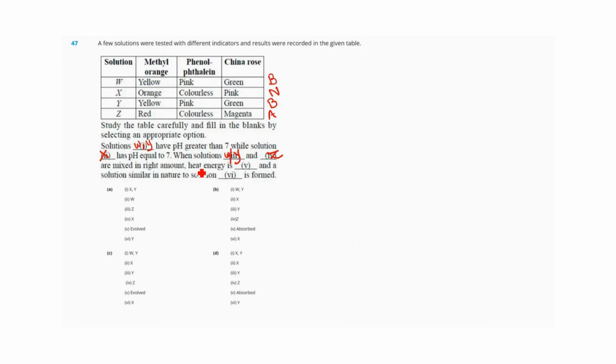And mixed in the right amount, heat energy is always evolved, and a solution similar in nature to solution 6 is formed. What will form? A neutralization will happen. When acids and bases react with each other, a neutralization reaction happens. So it will be a neutral solution. So our correct answer is option number C.